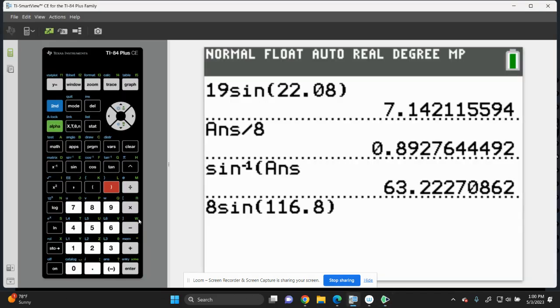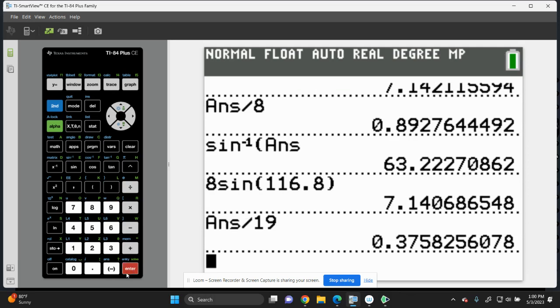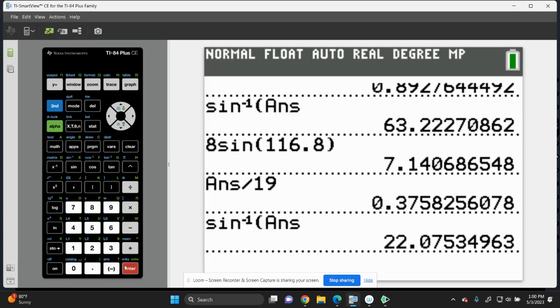Okay, and then we're going to divide by 19. And we'll take the inverse sine of that. 22.08. That's what we got for A before, isn't it?